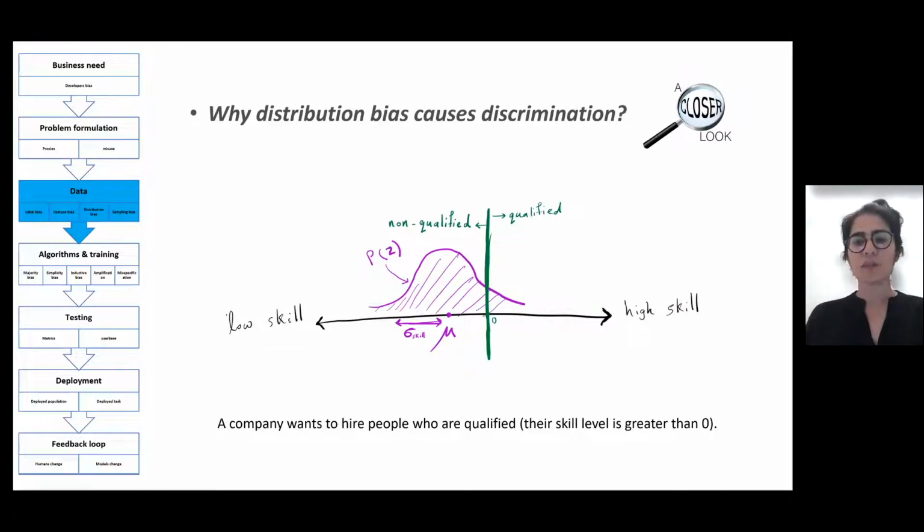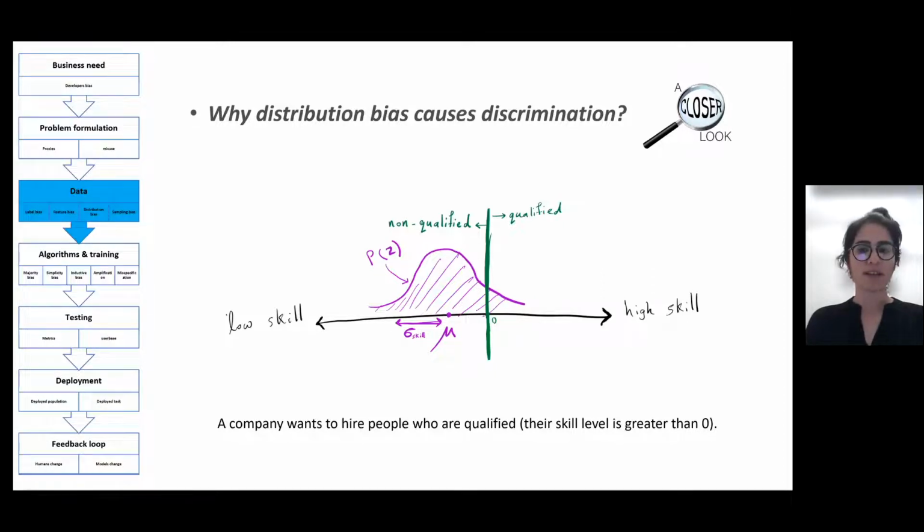For distribution bias, I'm going to take a closer look and see how distribution bias can cause discrimination. For this, I'm going to go through a very easy example. Let's assume there is a company who wants to hire people who are qualified.